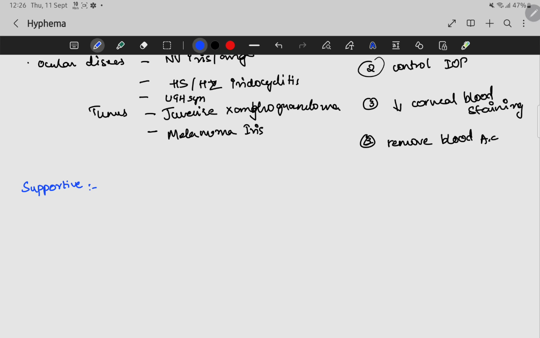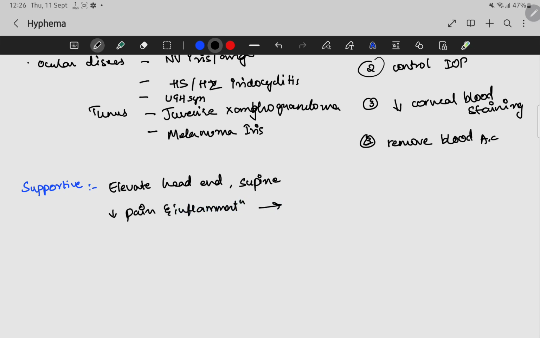So in supportive therapy we have to elevate the head end and be in the supine position. We have to reduce the pain and inflammation.